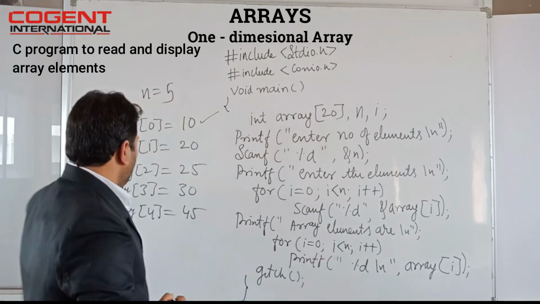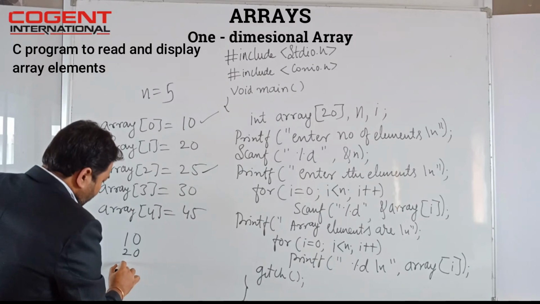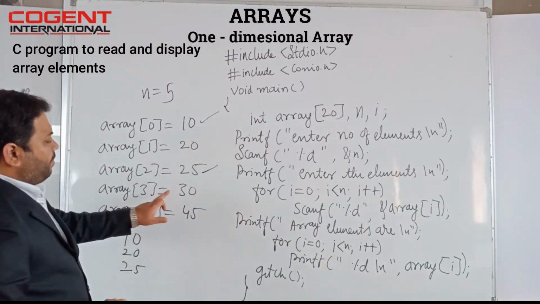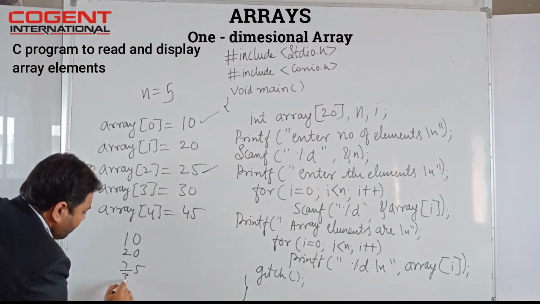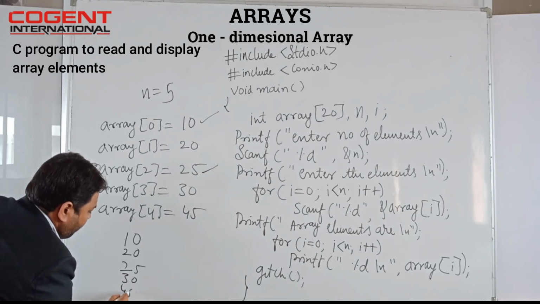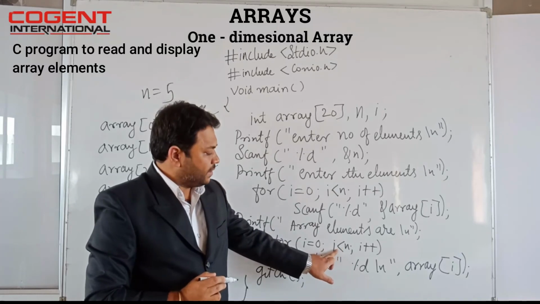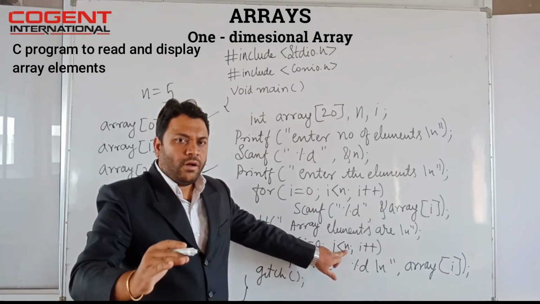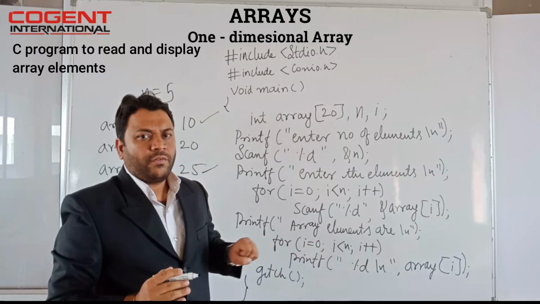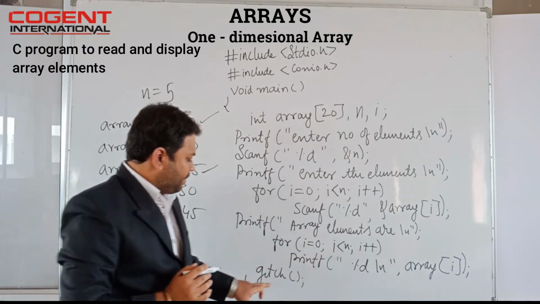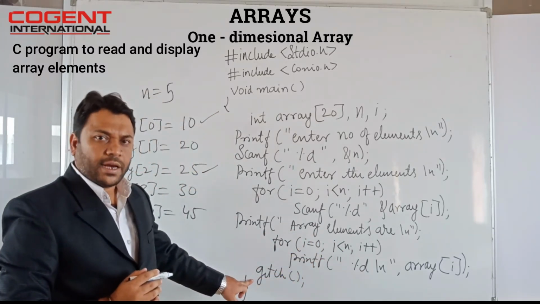Then print array of 2, which is 25. Likewise, it will print the next number 30 and then 45. When the i value becomes 5, 5 is less than 5 is false. At that time it will exit from this loop and execute the next statement, that is the getch statement.